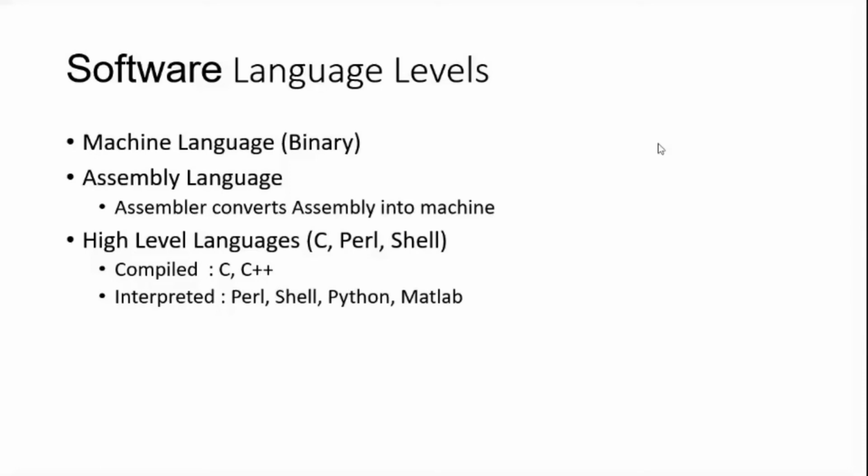Because of that, human beings may not be able to understand it freely. A novice user or a normal human being may not be able to understand machine language. But some parts of assembly language are easy to understand.